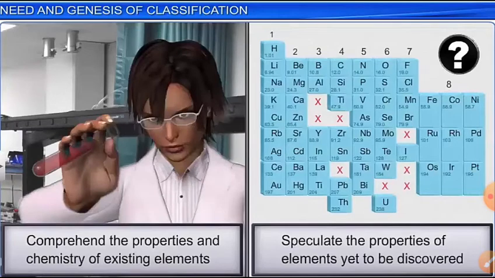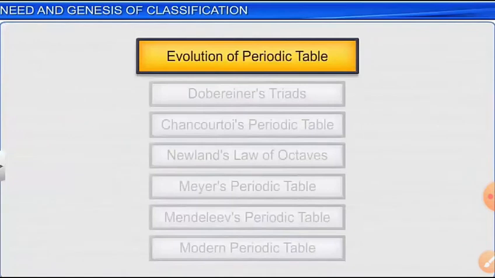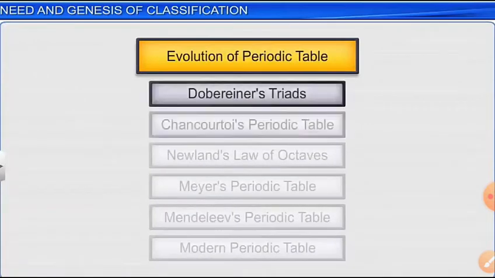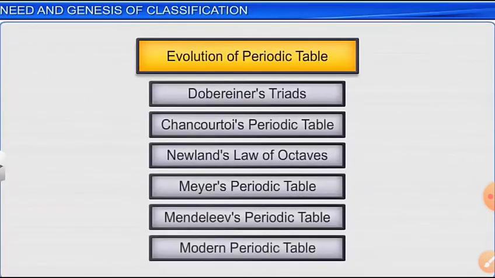Scientists started to arrange the elements according to the properties of the existing elements. They classified the elements known at that time, and they started to speculate the properties of the elements yet to be discovered. So why do we need to know the properties? So that we can arrange the elements. Different attempts were made by different scientists, as can be seen on the screen.